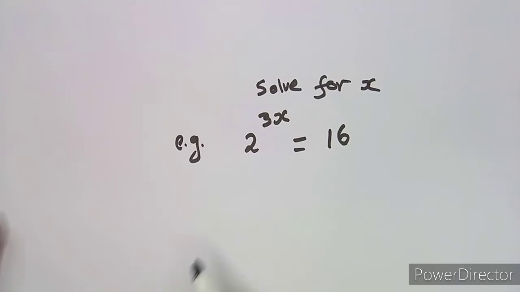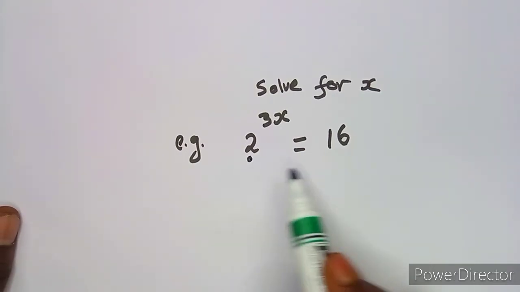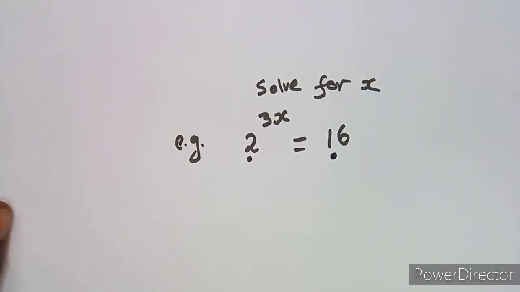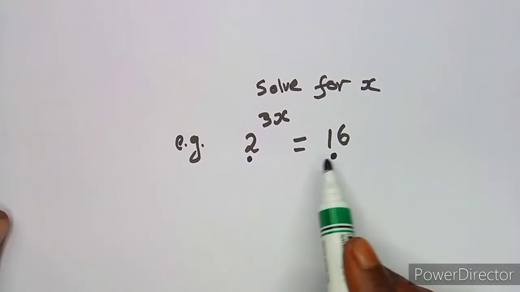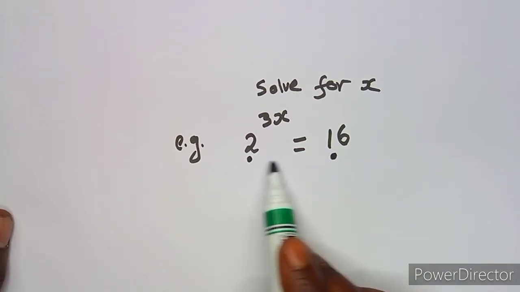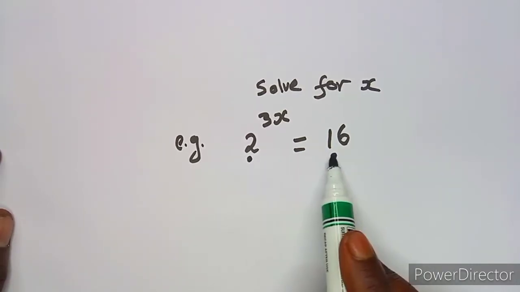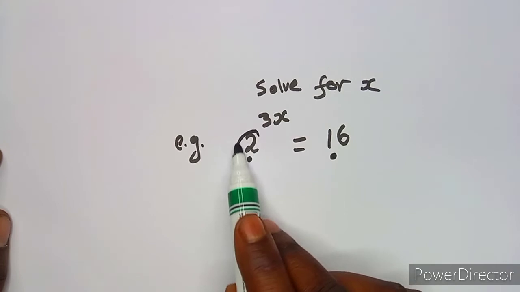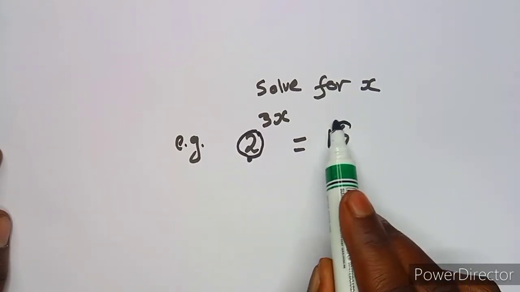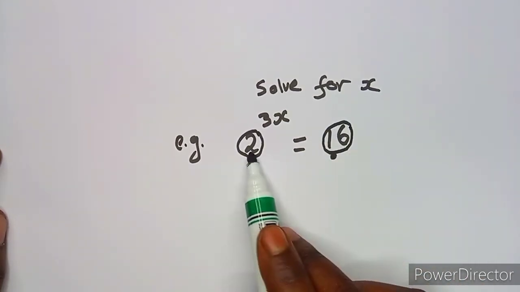But in this case, we have a base of 2 and a base of 16. These are not like bases, but I can make these two bases to be the same. How can I make this base of 2 and this number 16 to be the same?